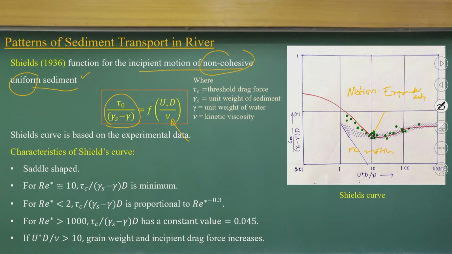So, if you plot the particle Reynolds number, or grain Reynolds number, against the Shields number, which is the ratio between the shear stress and the submerged weight of the sediment particles, the functional behavior is quite interesting. It follows a saddle shape.